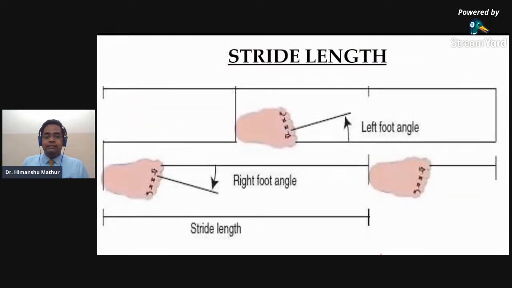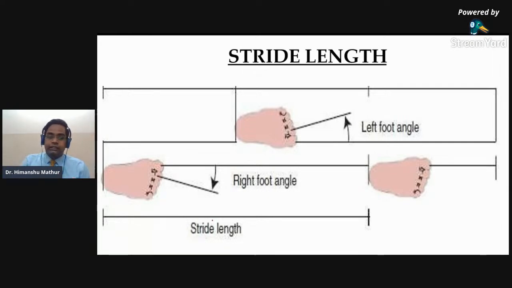Stride length is whenever I perform one heel strike and then I perform the heel strike of that same limb. मान लो अगर I started my gait cycle from the right heel strike, okay, then half of my gait cycle completed when I had left heel strike. Then I again came back for the right heel strike. So the distance between the right heel strike and the second right heel strike is known as stride length.